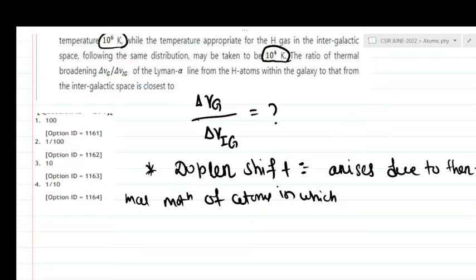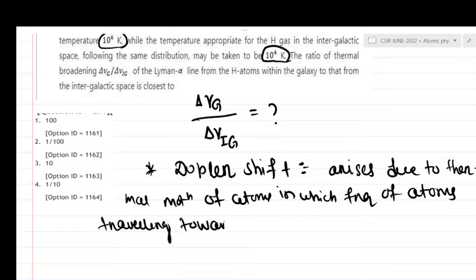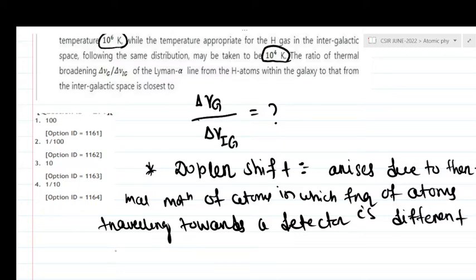frequency of atoms traveling towards a detector is different than the central frequency.